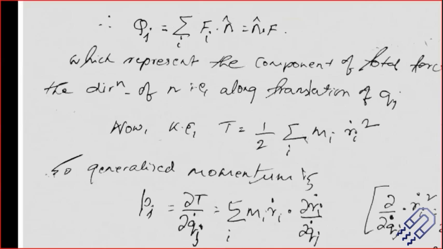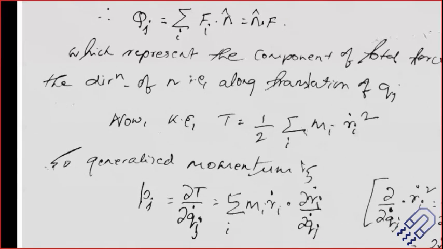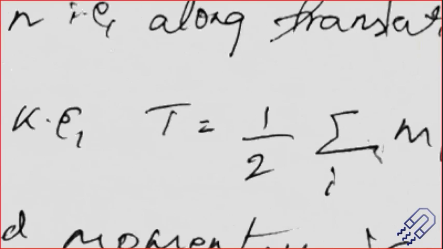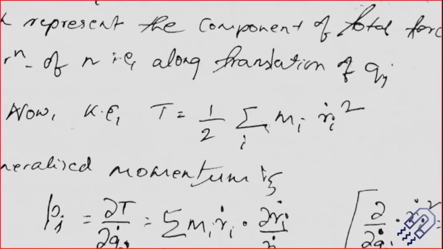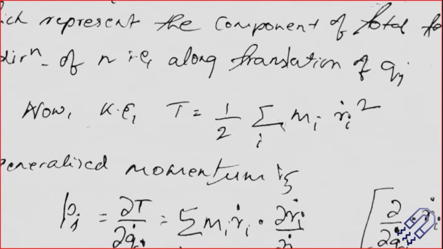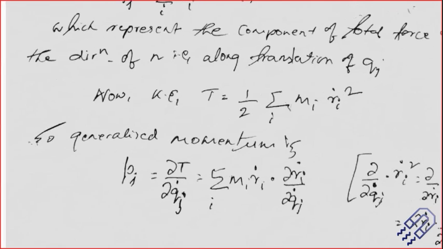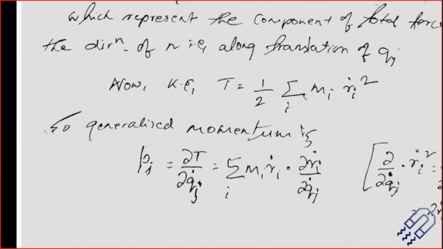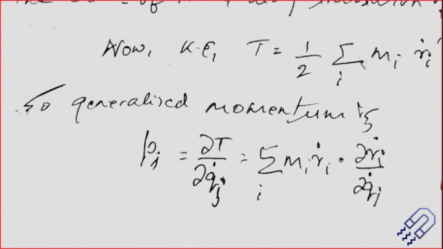Let's not repeat this, and then we can find out the kinetic energy. T is equal to half mi Ri dot squared. Then we can find out the momentum. We know that generalized momentum is del T by del Qj dot, which we saw last class also.